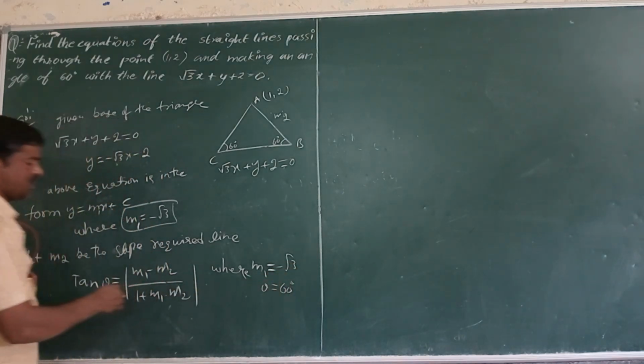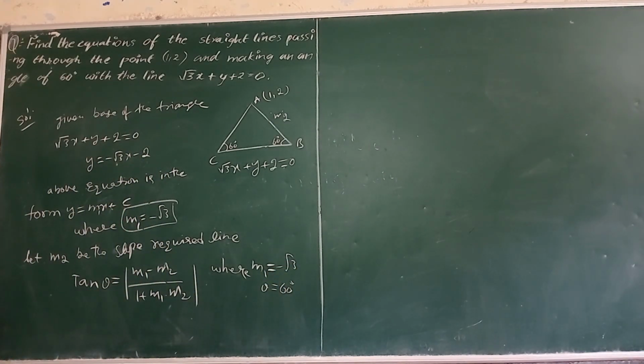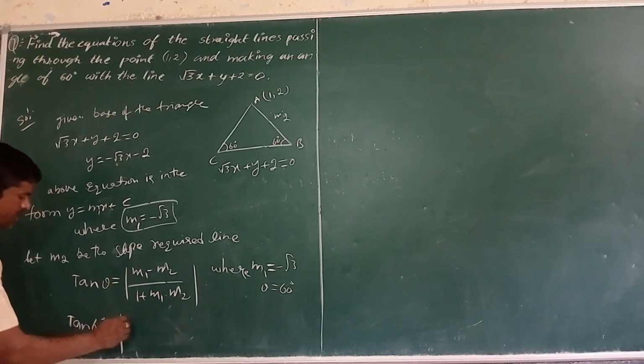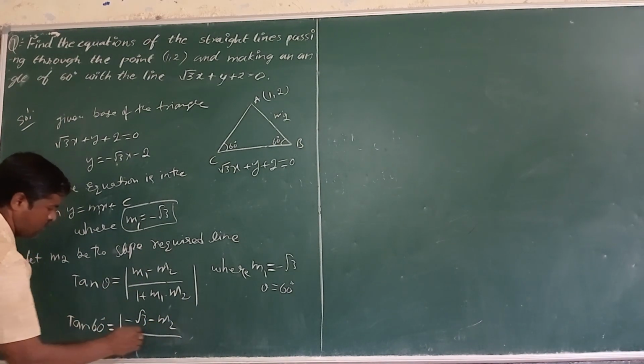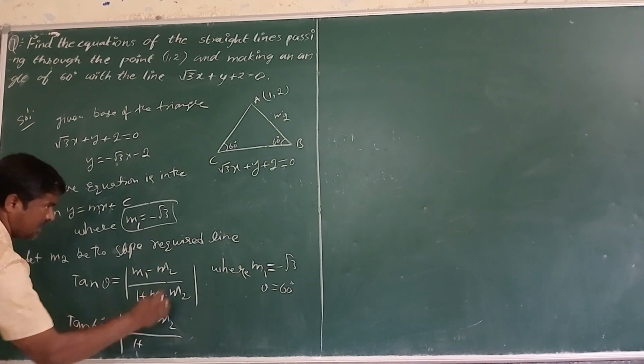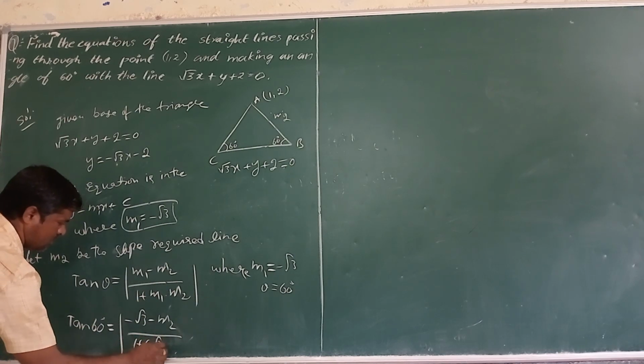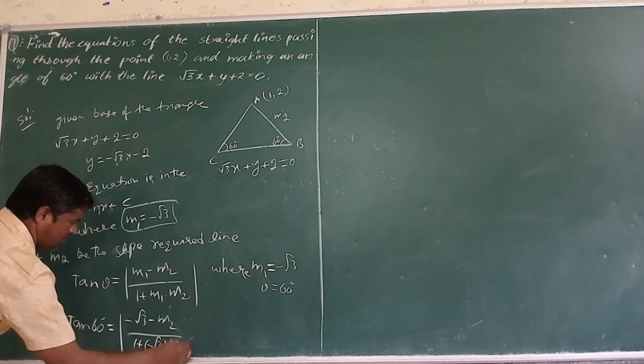Substitute and simplify, we get the required slope. Tan 60 degrees equals mod of (minus root 3 minus m2) by (1 plus minus root 3 into m2).